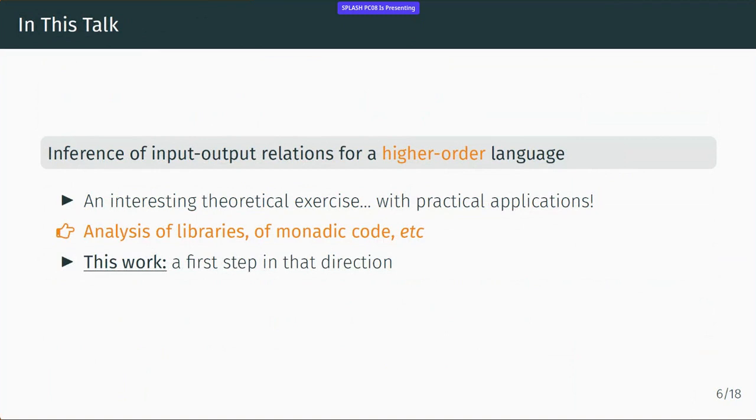So why that? It's not only a very interesting theoretical exercise, it has very practical applications. If you want, for instance, to analyze library code or monadic code, well, you need to handle higher order programs. You have no other choice. Okay, so this work is a first step in that direction.